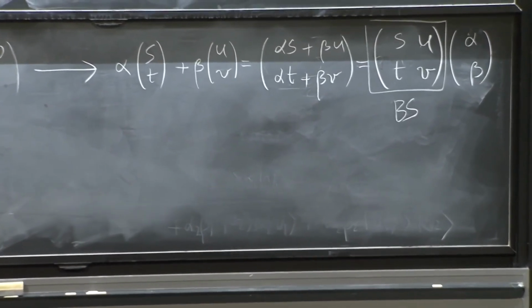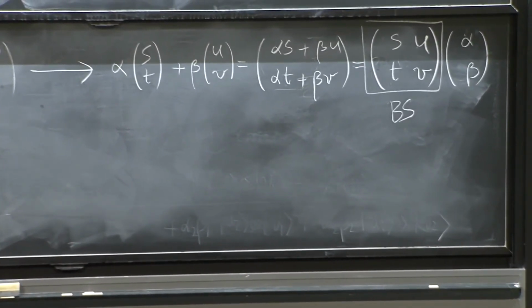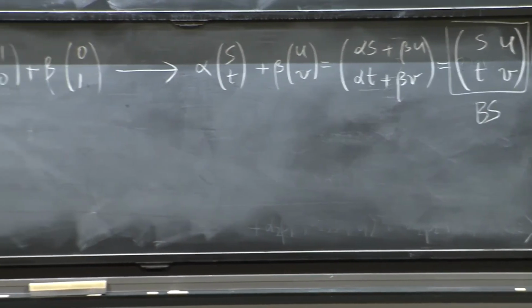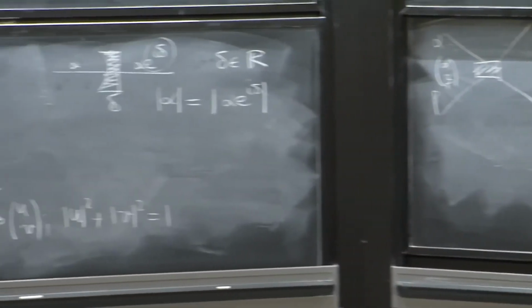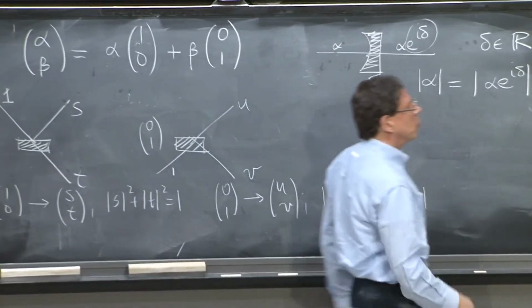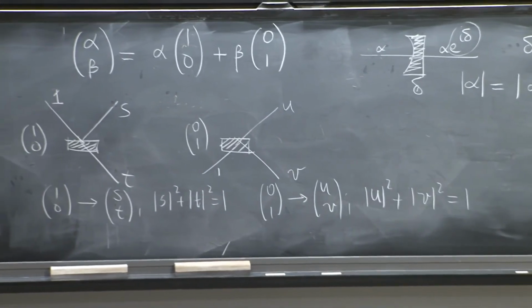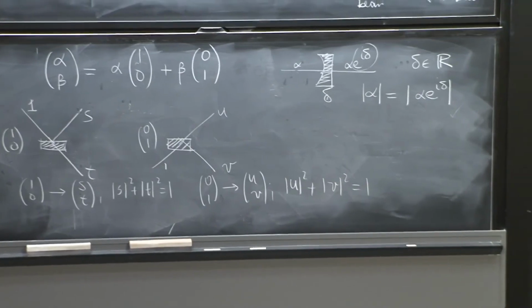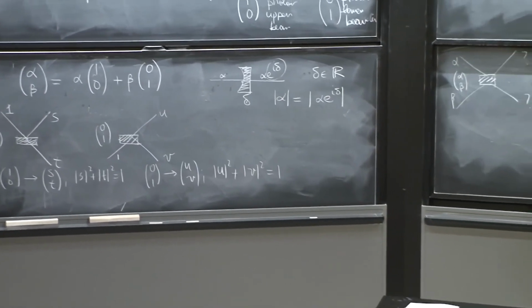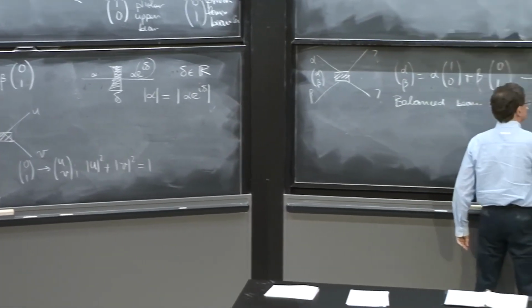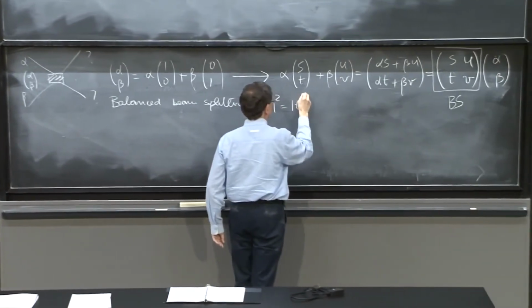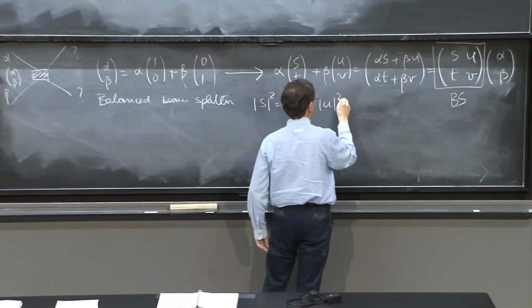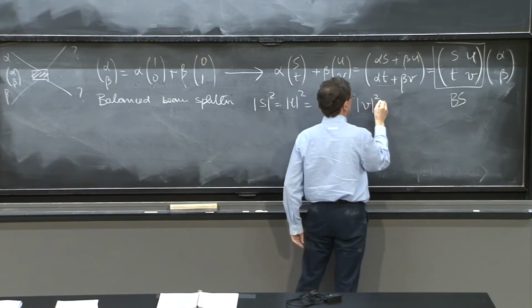That simplifies things because the intensity here, the probability to get this particle must be the same as that. So each norm squared must be equal to 1/2 if you have a balanced beam splitter. And you have S squared equal T squared equal U squared equal V squared equal 1/2.